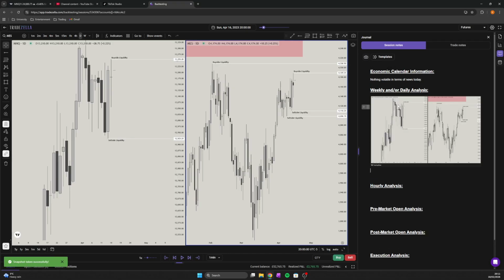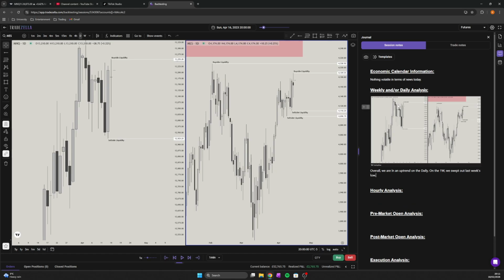Overall, we are in an uptrend on the daily. On the 1 week, we swept out last week's low with a lack of displacement. So it's important to note down.